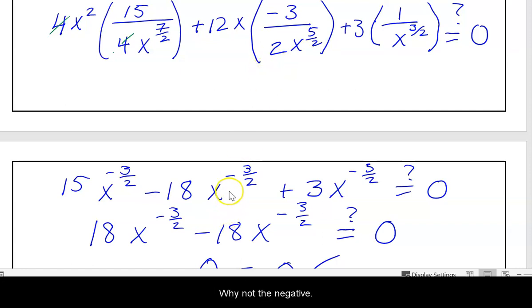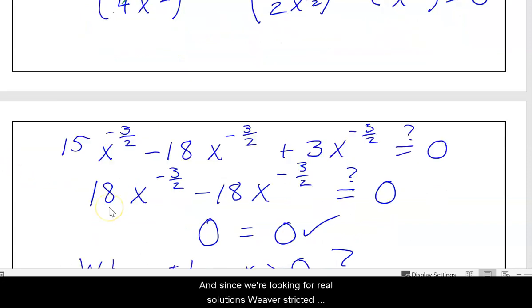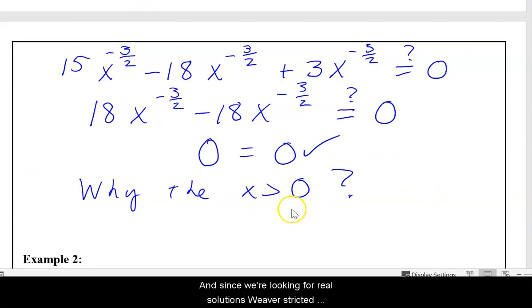Why not the negative? Because when you have a fractional exponent, a rational exponent, the denominator of that exponent represents a root or a radical. And since the denominator here is 2, that's a square root. And if you put a negative under a square root, you do get a number. It's just not real, it's imaginary. And since we're looking for real solutions, we've restricted it to greater than 0 only.